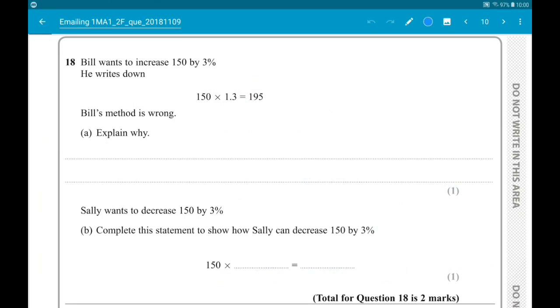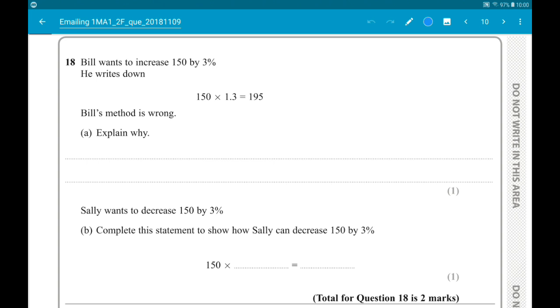Okay, number 18, Bill wants to increase 150 by 3%. He writes down 150 times 1.3 is equal to 195. Bill's method is wrong. Part A. Explain why. So, by multiplying by 1.3, he's increased it by 30%.